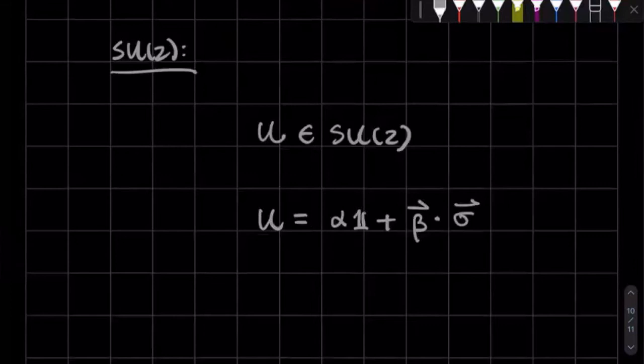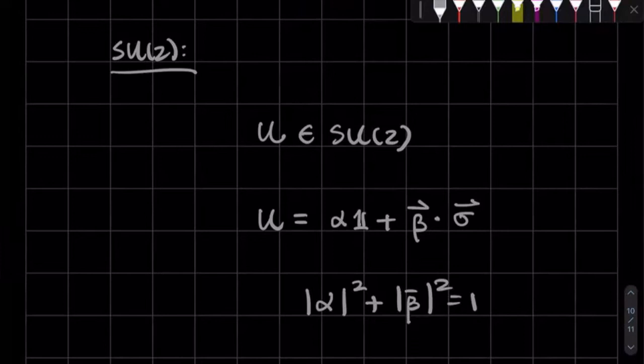So this is SU2 as long as alpha squared plus mod beta squared is 1. This is another representation of SU2. I think that was part of one of the exam questions, right?